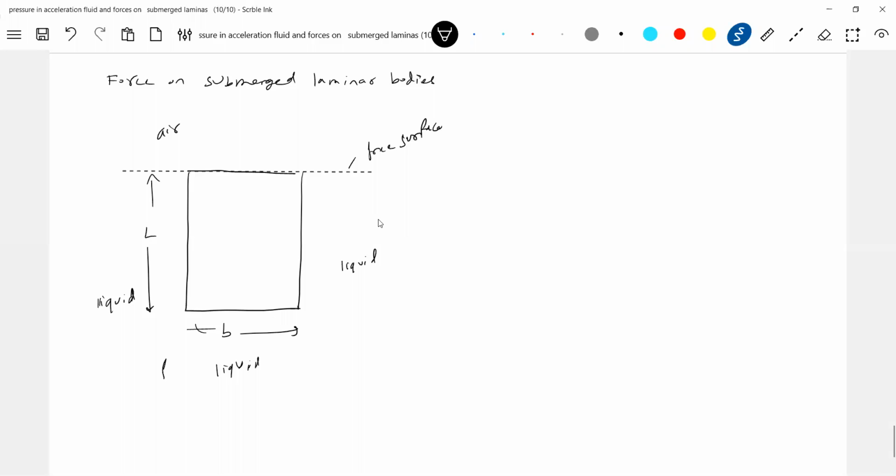So let's go back to the pressure triangle. From the pressure triangle, force per unit width is equal to half into rho g h into h. Will I agree this? Now the total force should be equal to half rho g h square.